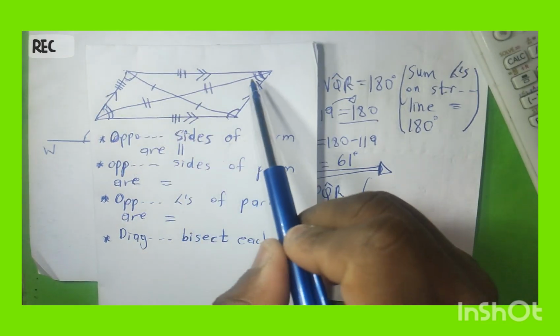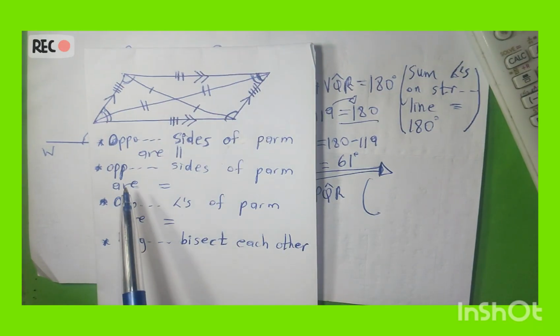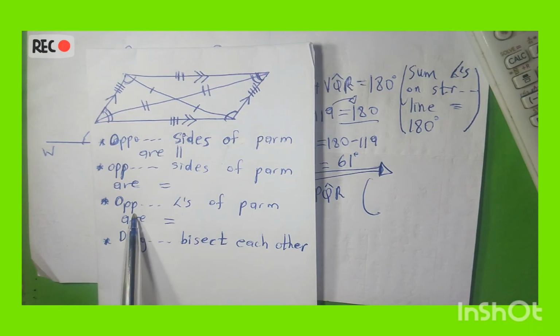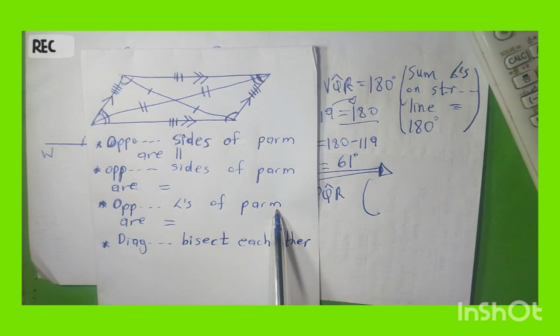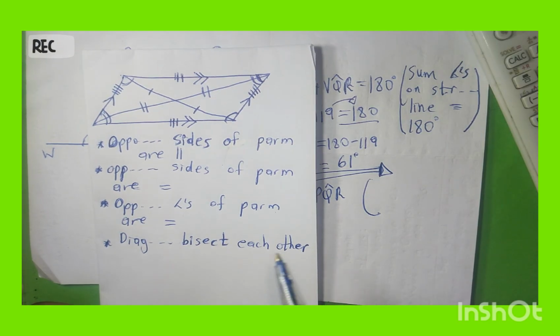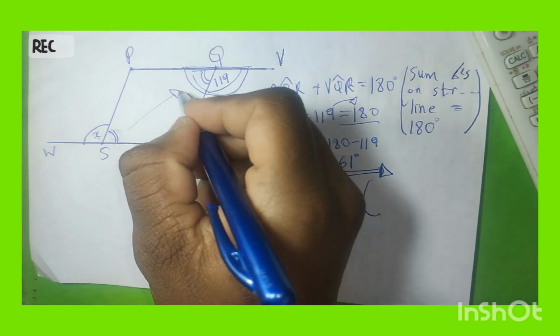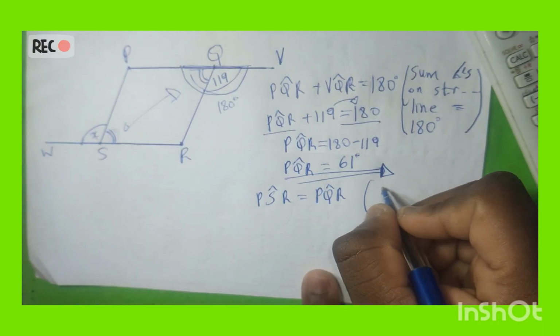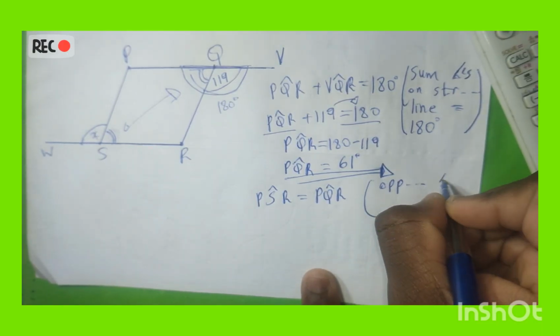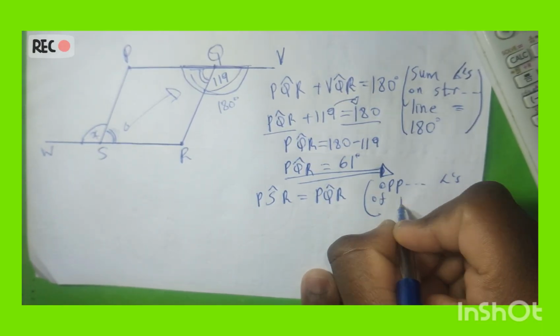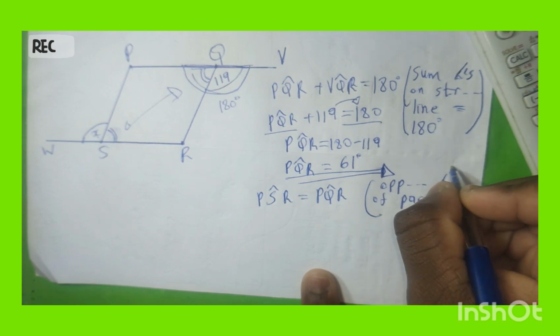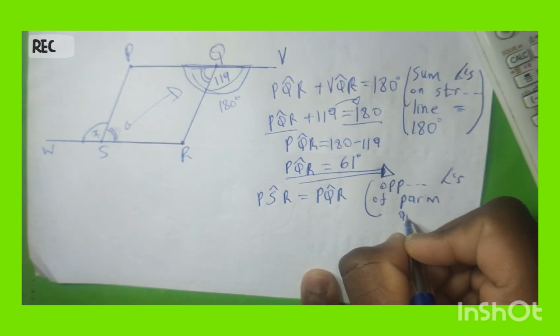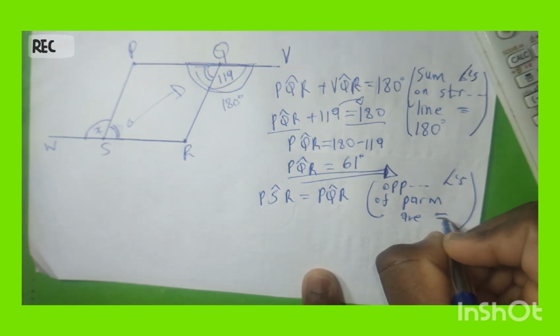In a parallelogram, this and that are equal, because opposite angles of a parallelogram are equal. These are the opposite angles, guys. They are supposed to be equal. So I can say opposite angles of a parallelogram are equal.